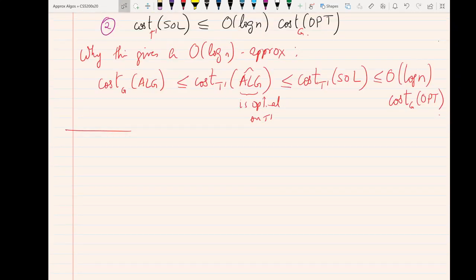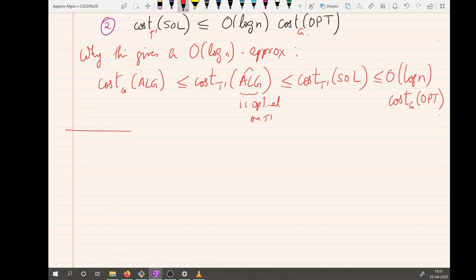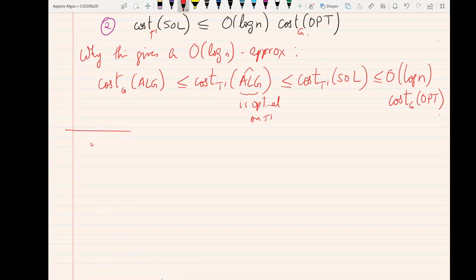Talking about maps between the two worlds, there should be some sort of direct translation that we'll use, and we need to introduce some notation for it. Suppose you have an edge UV. In G there's something, and in T prime there is something.